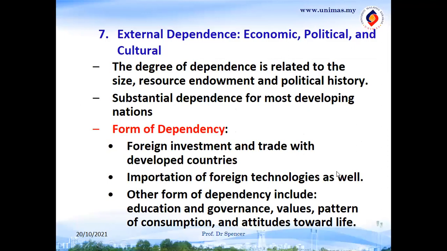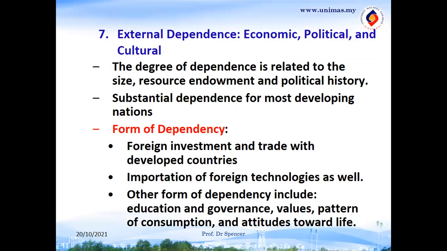Okay, the seventh item is on external dependence, ya, yaitu kebergantungan kepada pihak luar, ya, in terms of economics, politics, and also culture. So the degree of dependence is related to the size, resource endowment, and also political history.